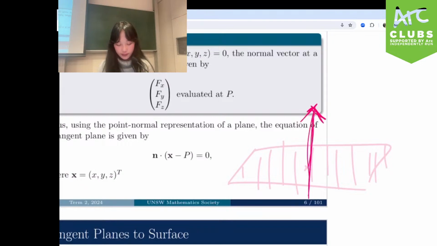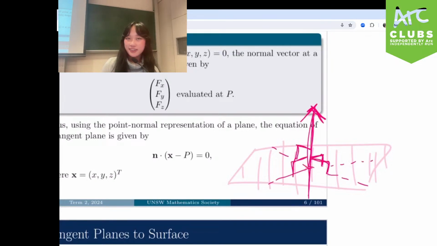Okay? So a vector like this, for example, with a right angle here, and here, and here. Right angles everywhere, essentially. Any vector from this point to any point that lies on the plane, like this one, for example, would have to be perpendicular to our normal.